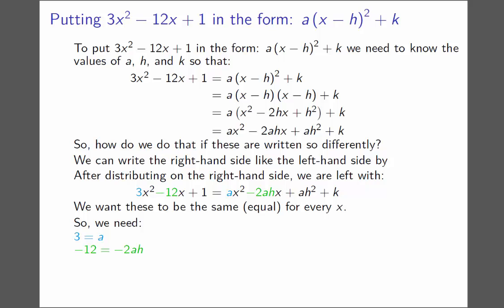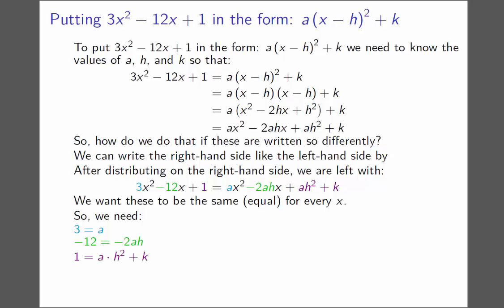And we need −12 to equal −2ah. Our coefficient on the left of x needs to be our coefficient on the right of x. And finally, our constant coefficient on the left is 1, and that has to be equal to our constant coefficient on the right, which is ah² + k. So we get the equation 1 equals ah² + k.